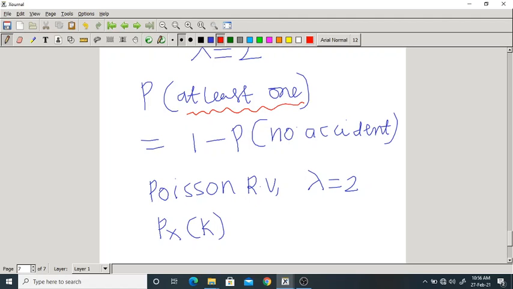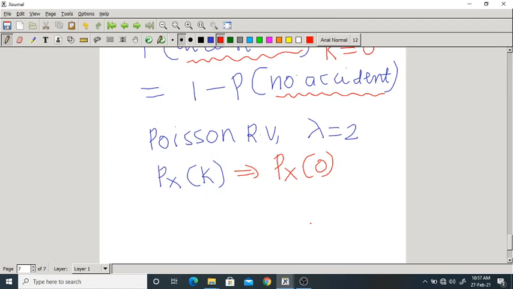Now we can also write that as 1 minus no accidents. This is a simple probability rule. Here we have to find out what is the probability that there are no accidents. Which means what is the k value? Equal to 0. So here, which implies we have to find out Px of 0. Later we have to subtract from 1.